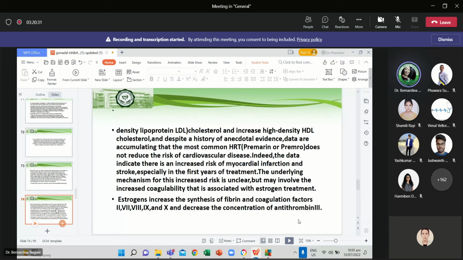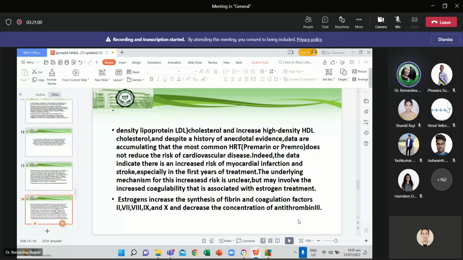You have this in your physiology. What are your coagulation factors? Your extrinsic and intrinsic pathway. I know that our focus here is the drugs, but you cannot avoid going back to your major subjects in the first year. So physiology, histology, anatomy.